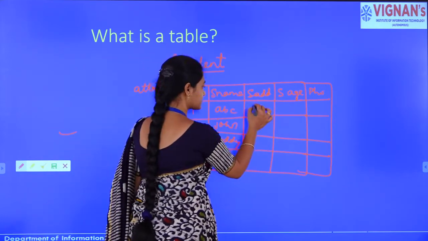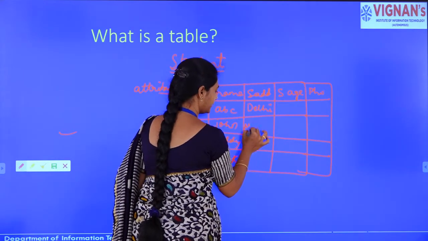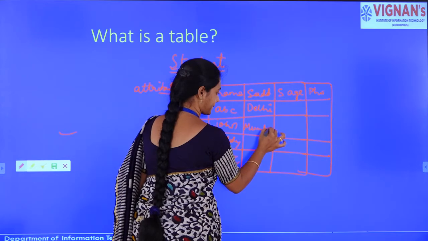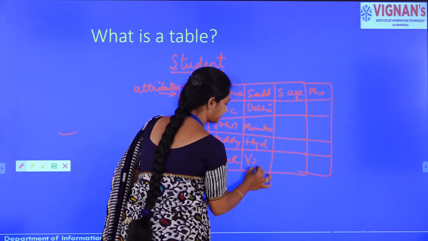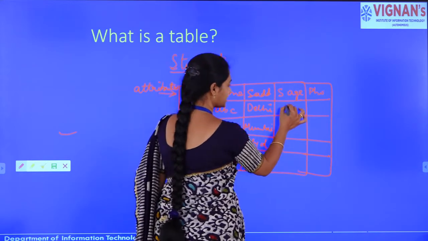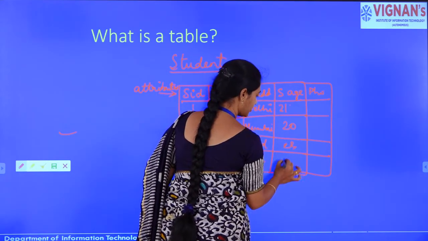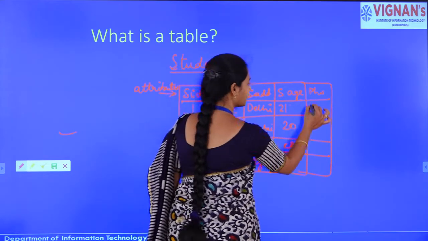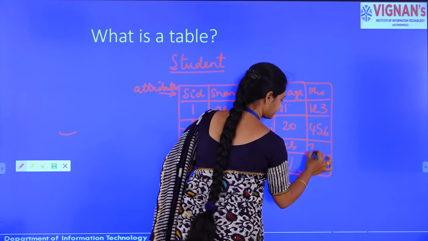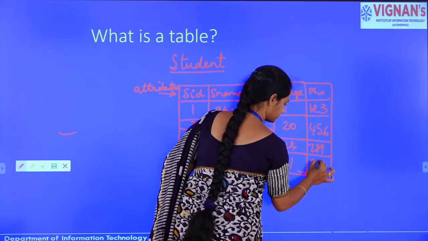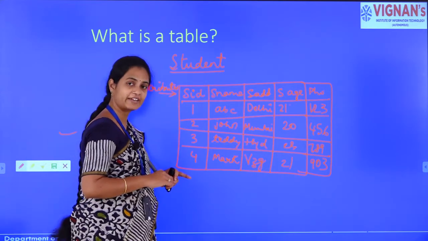Whose addresses are Delhi, Mumbai, Hyderabad and Vizag. Whose ages are 21, 20, 22, again 21. And the phone numbers, whatever the phone numbers, we will take an example. Right. So this is the table I have mentioned here.